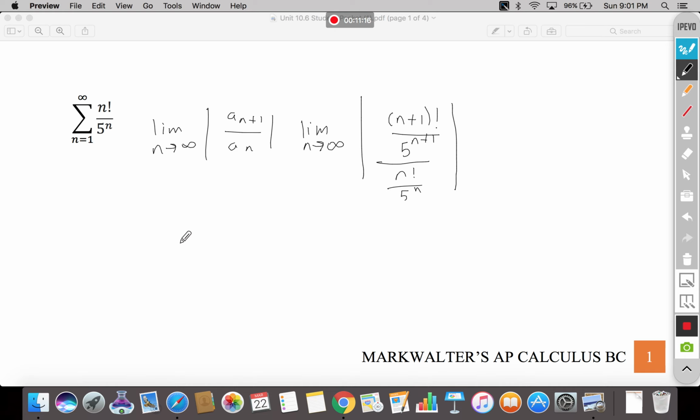All right. And what have we said about this? Well, we said we really just have to flip and multiply by the reciprocal. So what am I looking at here? I'm really looking for the limit as n approaches infinity of the absolute value of n plus 1 factorial over 5 to the n plus 1 times the reciprocal of this, which I know is 5 to the n over n factorial, close the absolute value.